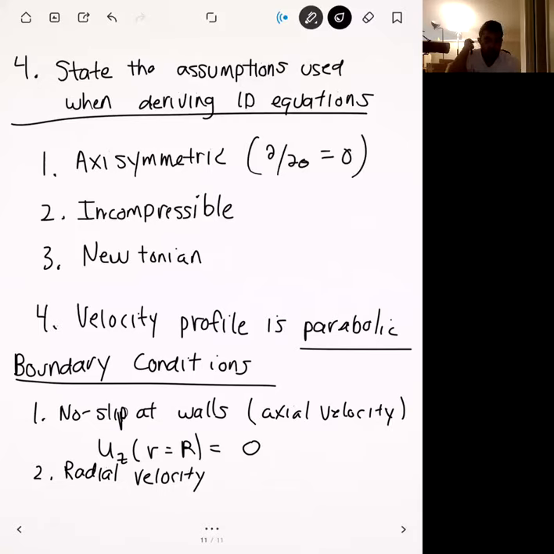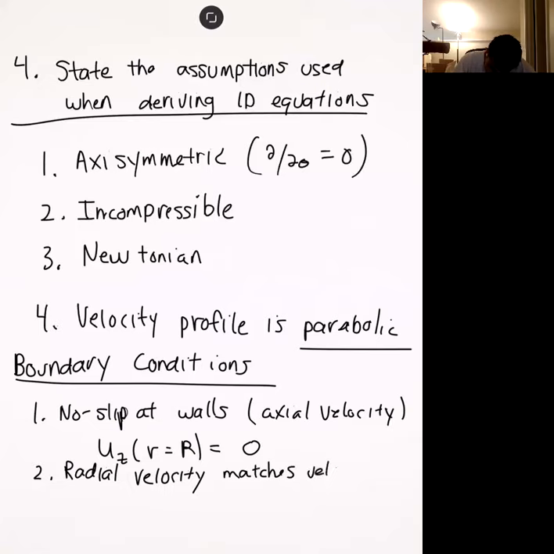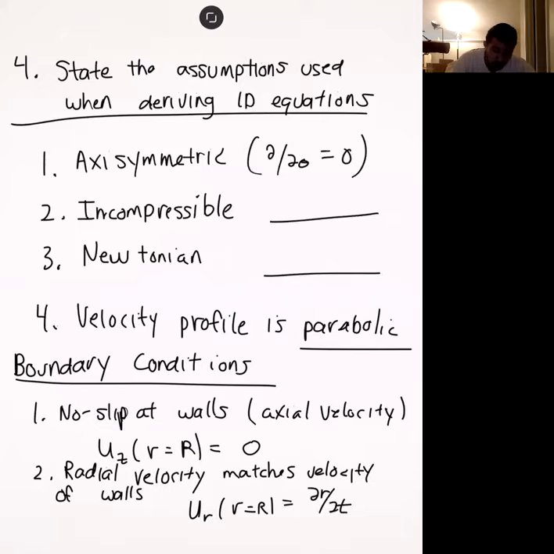The radial velocity has to match the velocity of the walls, so we evaluate UR at r equal to big R, and this is equal to partial R partial T. To illustrate UZ and UR, it looks something like this. UZ is the component of velocity that goes down the pipe, and UR is the component of velocity that goes towards the wall or away from the wall.